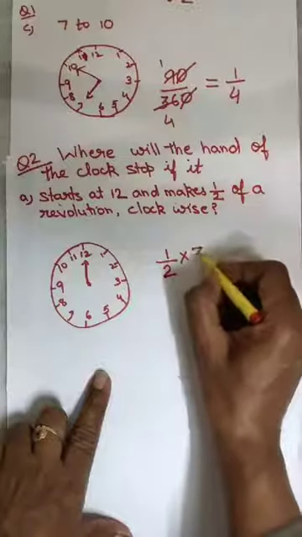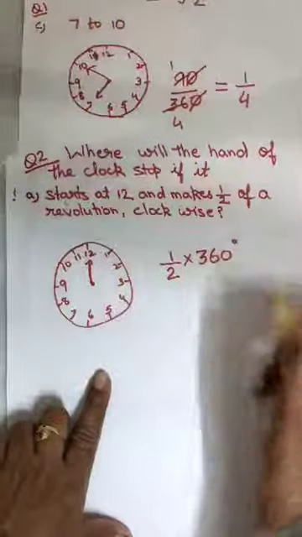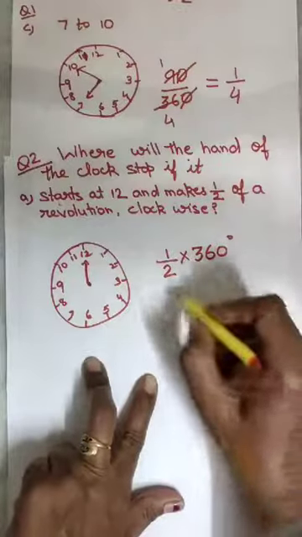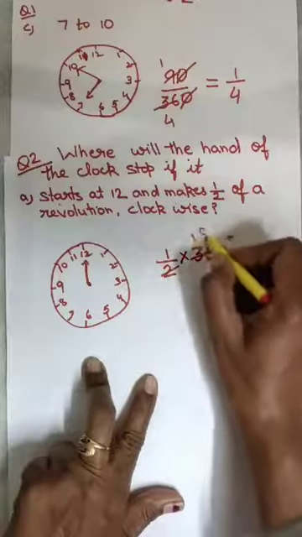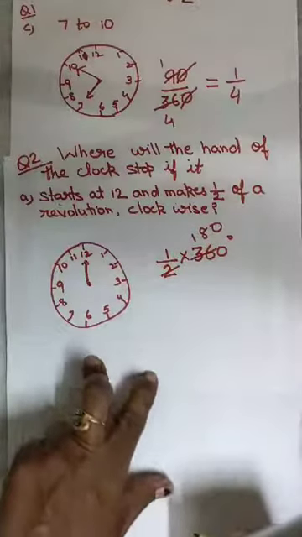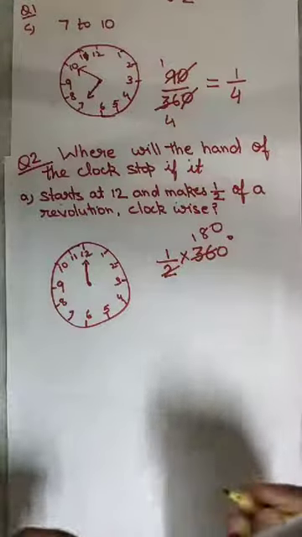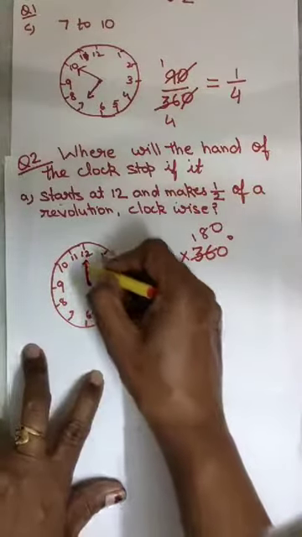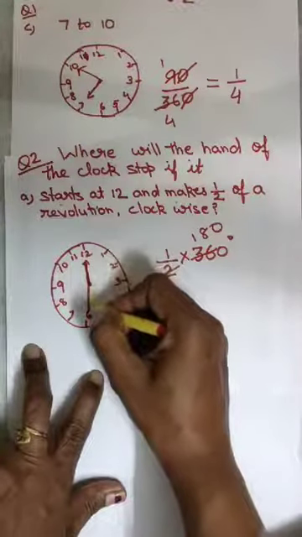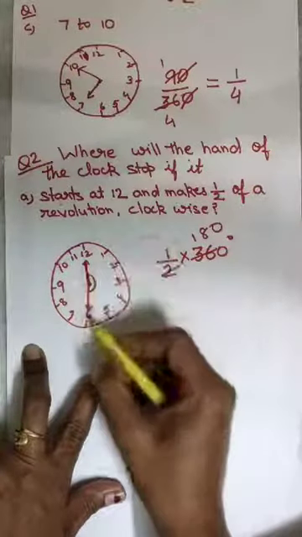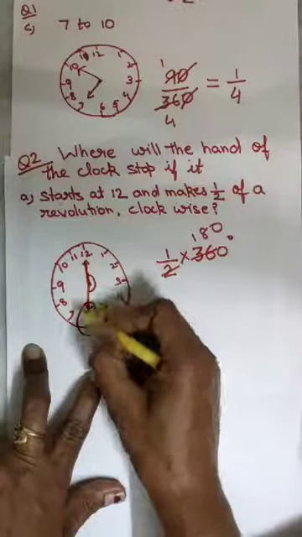We will multiply it by 360, because complete revolution is of 360 degree. So we get 180. That means it has covered 180-degree angle, and 180-degree angle is a straight angle. This is a straight line. That means it reaches up to 6. This is our answer.